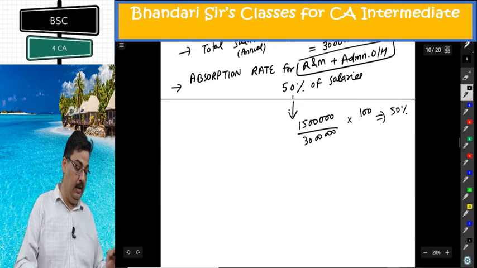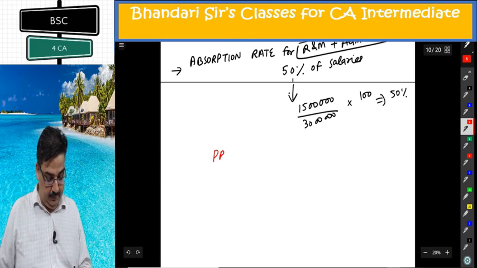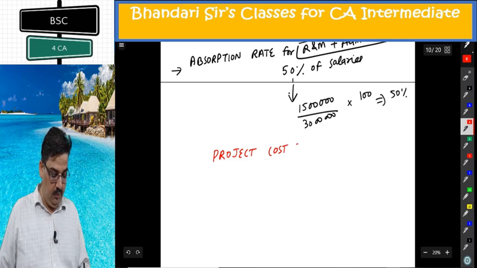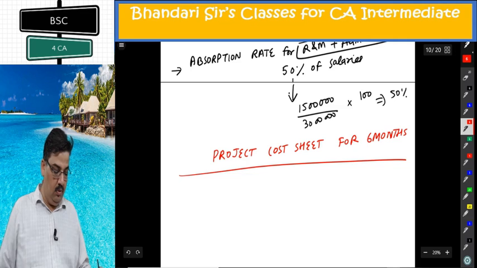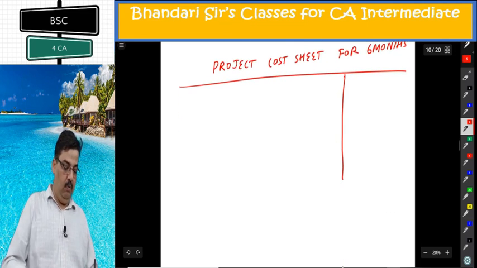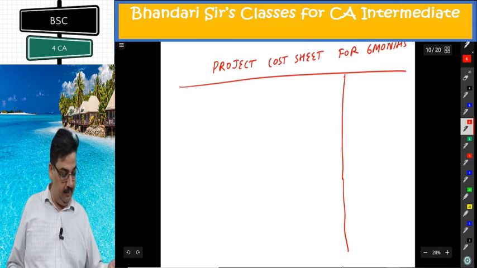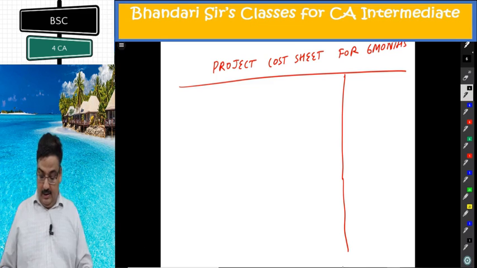Now I am making project cost statement. Project cost sheet for 6 months. Very simple things I am going to apply here once I have got the basic data right. One project leader is there.